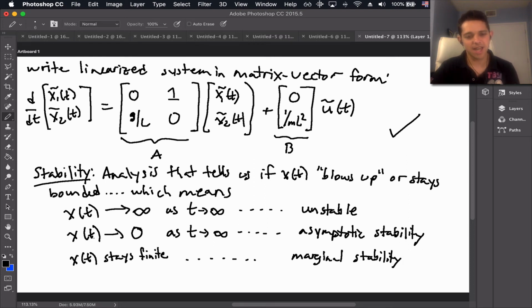Does it asymptotically converge to 0 as time marches forward? Or does it do neither of those things? It might oscillate around some value or converge to a constant finite but non-zero value. In that last case, we call it marginal stability.